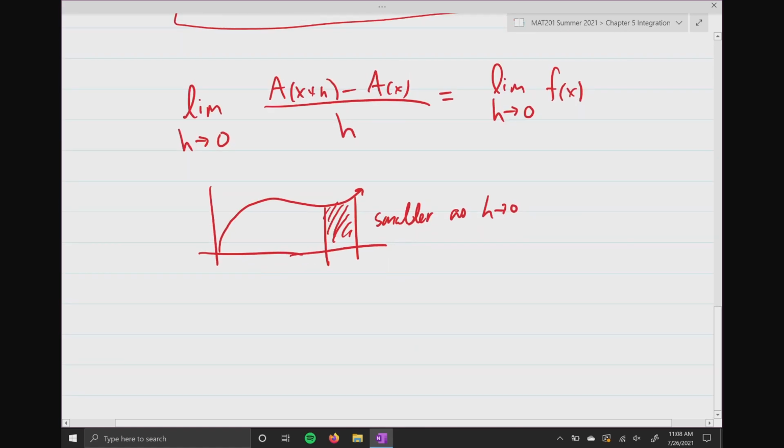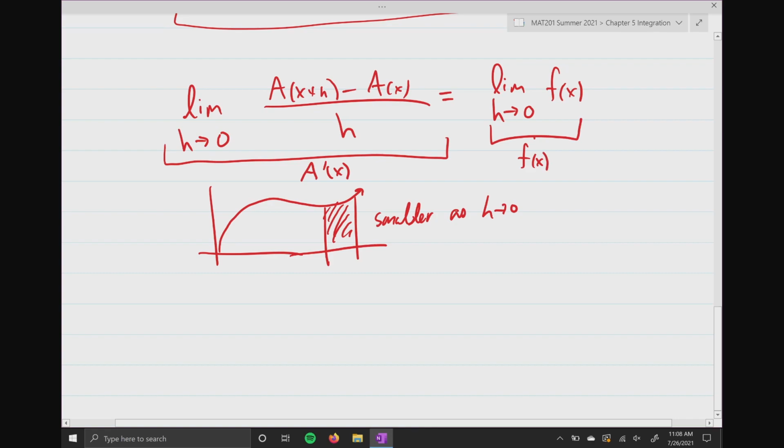On the left-hand side, this is your definition of a derivative. And on the right-hand side, although it's approximating, this will turn into the function itself, because now you're letting that rectangle get smaller and smaller.